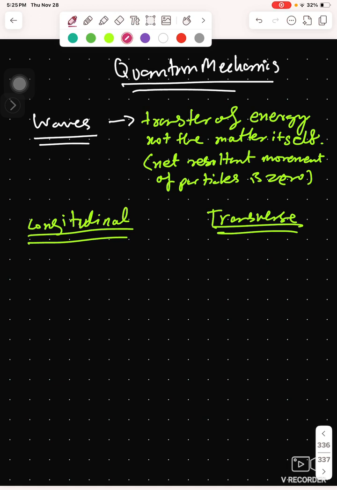Longitudinal waves are those waves whose motion is parallel to the vibrational source.